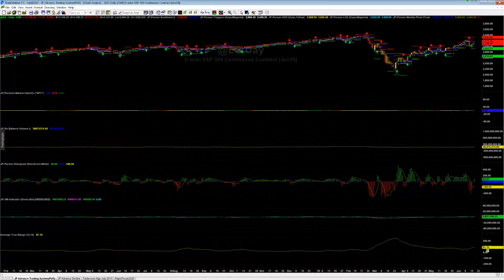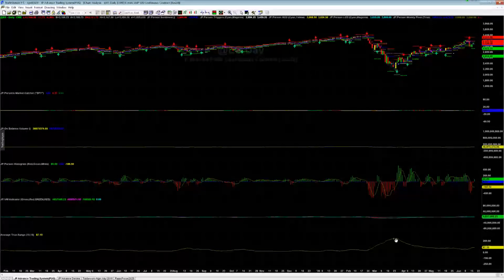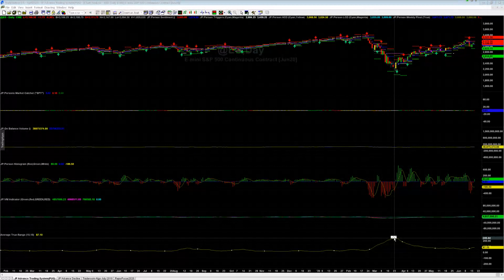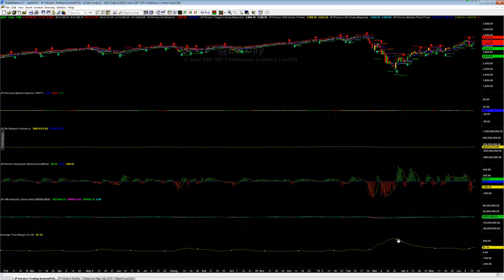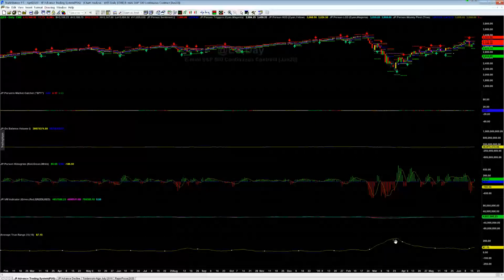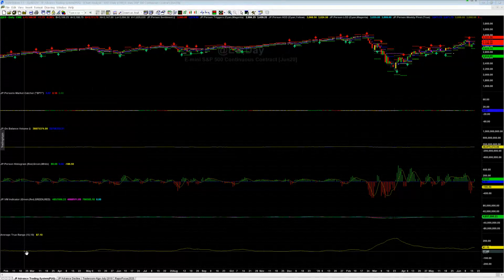So if you take a look at where we were in March, this is, again, what does it say? 10-day. And 10-day ATR at one point got to 200, let's round up and say 250 E-mini S&P points. That's the 10-day average, 250 S&P points a day. The 5-year average, I think, is like 28, something like that.